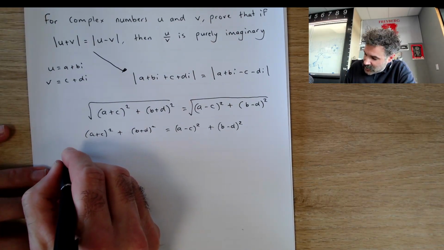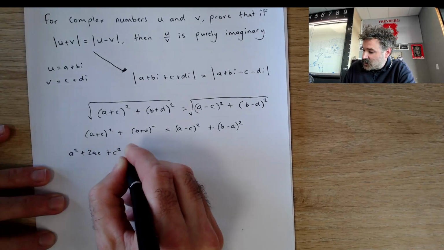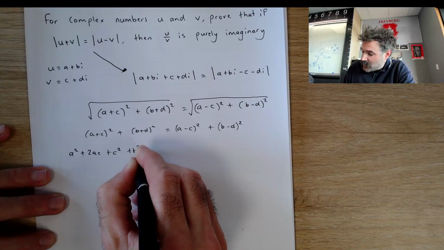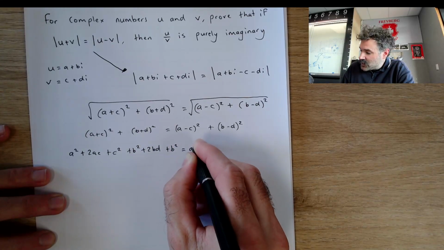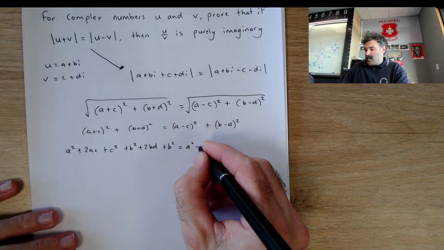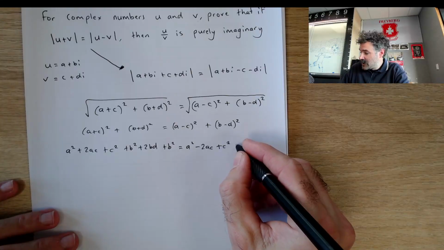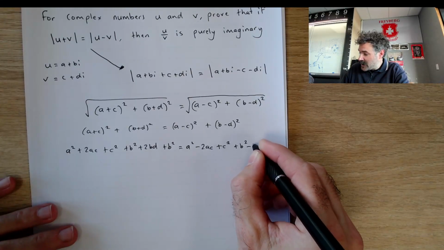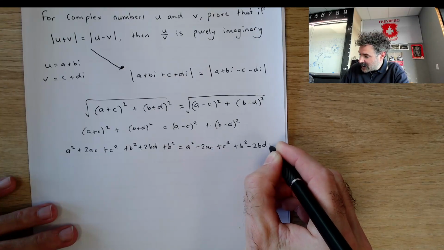So I'm going to end up with a squared plus 2ac plus c squared plus b squared plus 2bd plus d squared is equal to a squared minus 2ac plus c squared plus b squared minus 2bd plus d squared.